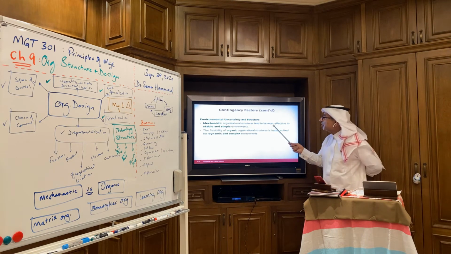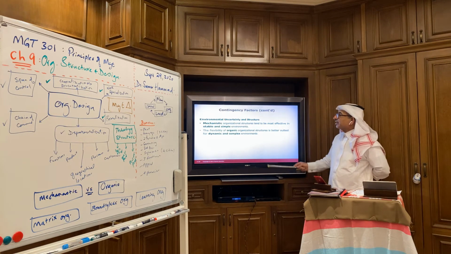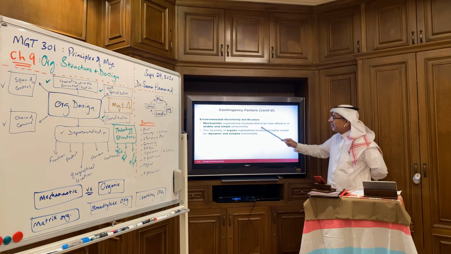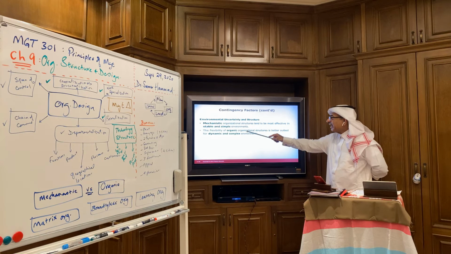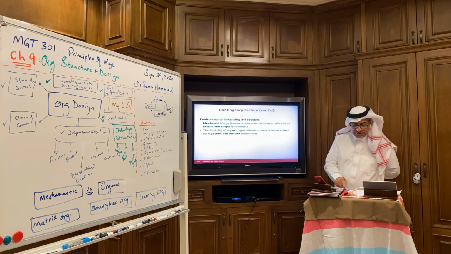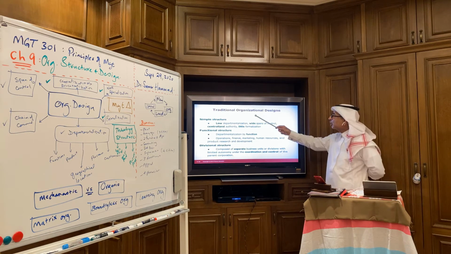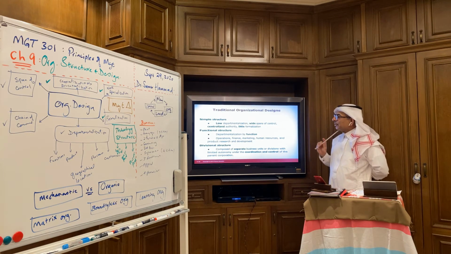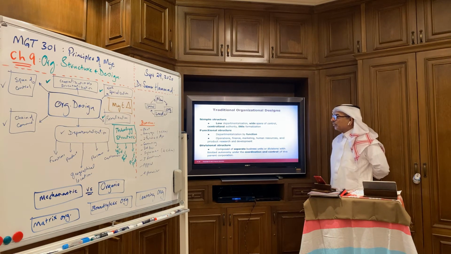Okay. Contingency factors, continued. Environmental uncertainty and structure. Mechanistic organizational structure tends to be most effective in stable and simple environments. The flexibility of organic organizational structure is better suited for dynamic and complex environments. We have the traditional organizational designs. The simple structure: low departmentalization, wide span of control, centralized authority, little formalization.